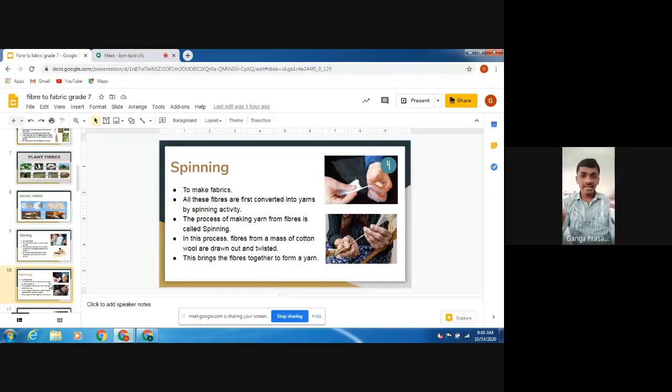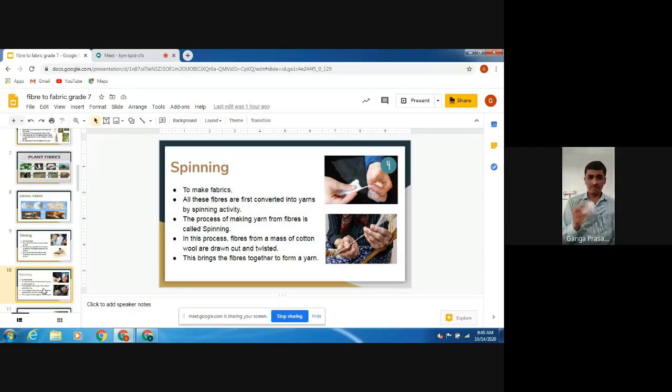In earlier days, people made yarn or thread by hand this way. But after that, they started using different devices to make yarn from the fiber. So what is spinning?